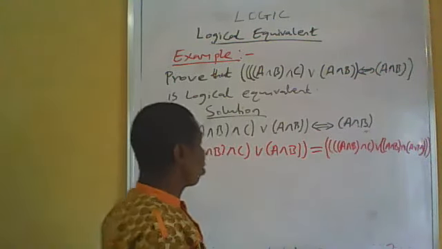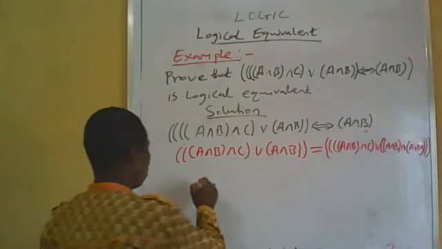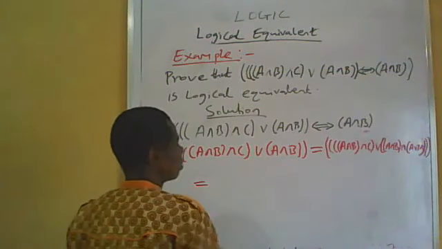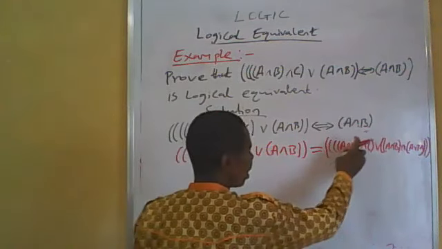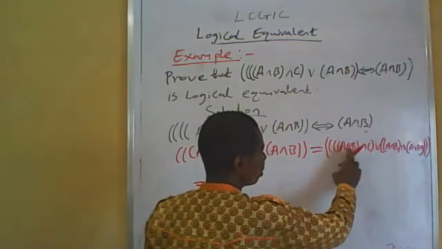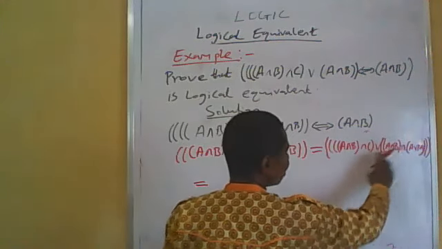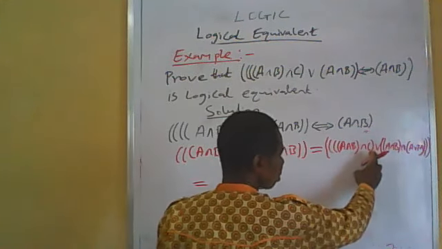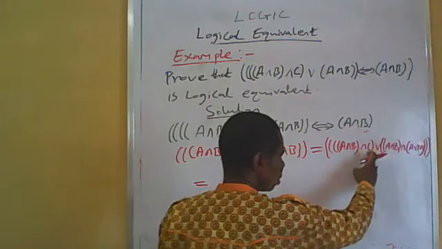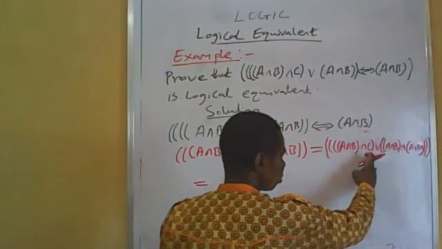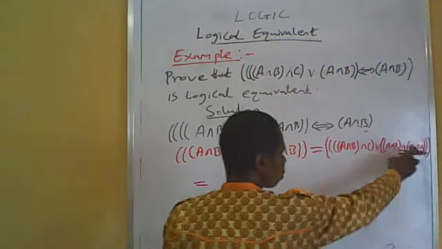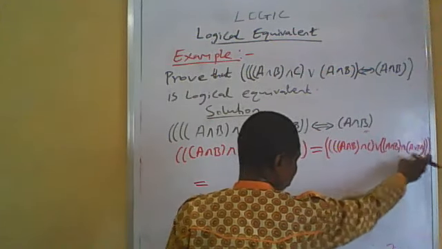So, you want to factorize it. It is equal to, you have A and B, and A and B here, then the next conjunct, and also the next conjunct, which is a tautology here also.